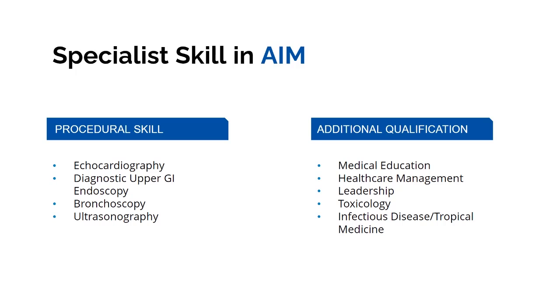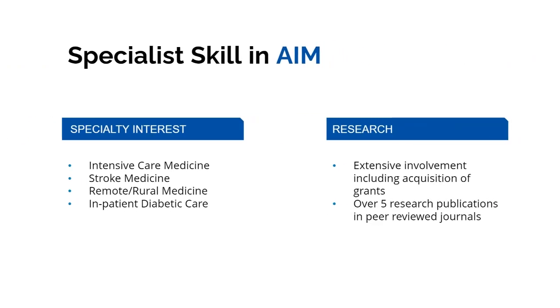You can have a list in your hospital that you'll do general echo, like outpatient echo or something of that sort. Same goes for endoscopy, bronchoscopy, and ultrasonography. Additional qualification, you can get any diploma or any masters in any of these and get an equivalent role in your consultant job.